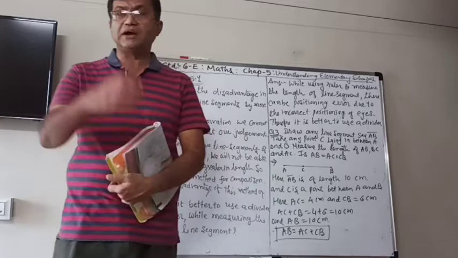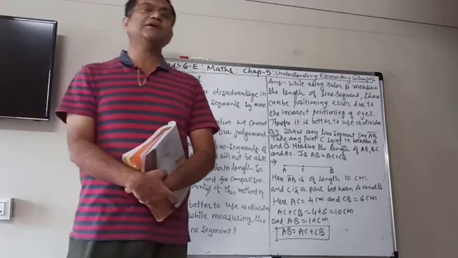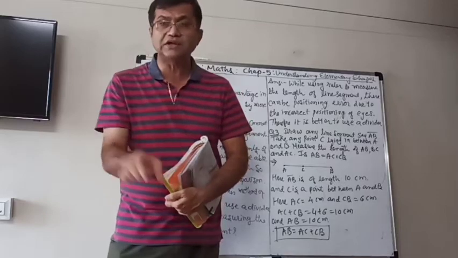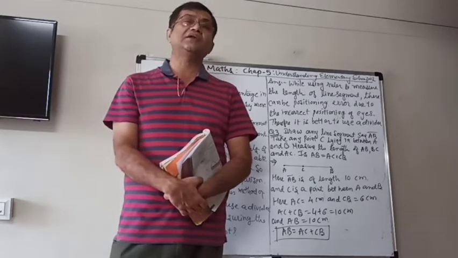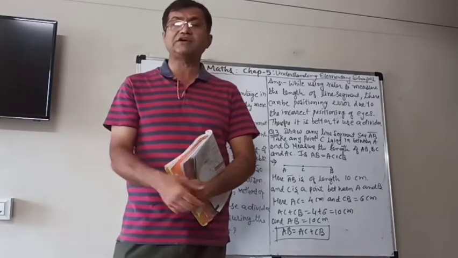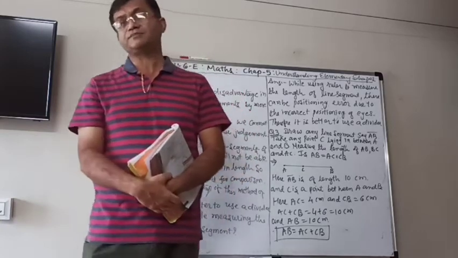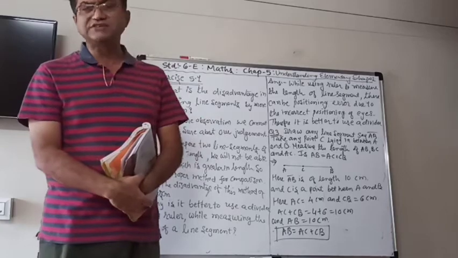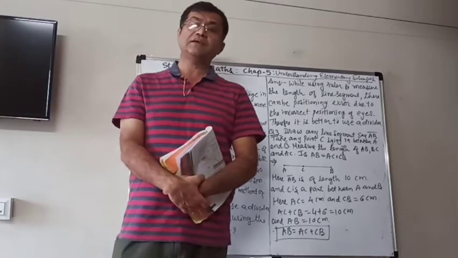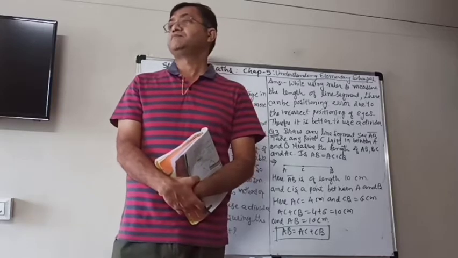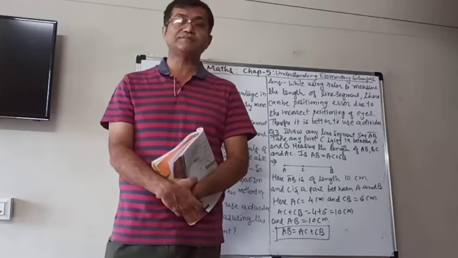As we saw, the positioning of the eye must be exactly vertical on the scale, on that point of which we have to read the measurement. So due to positioning error, it can make an error in measuring only using the ruler.